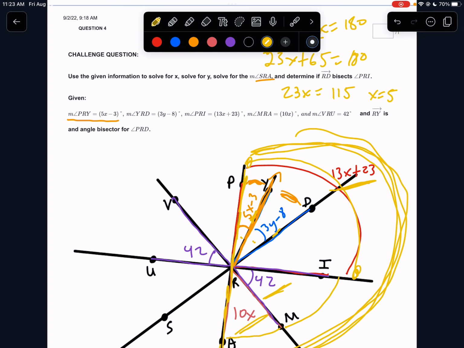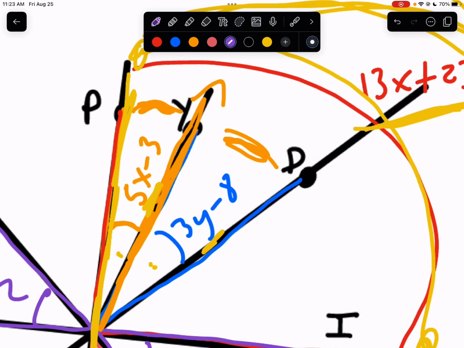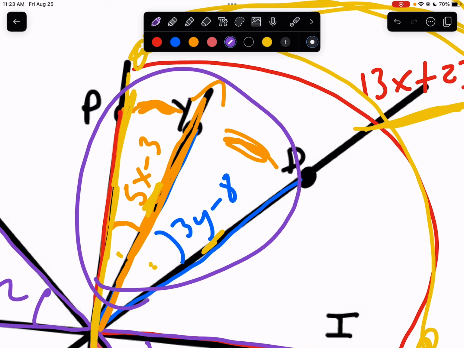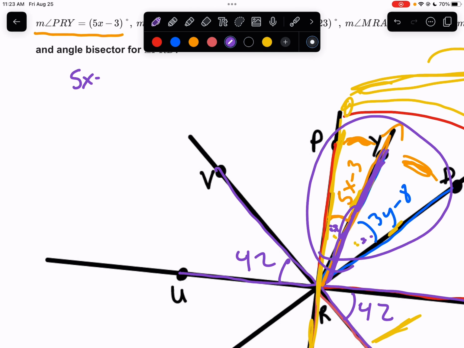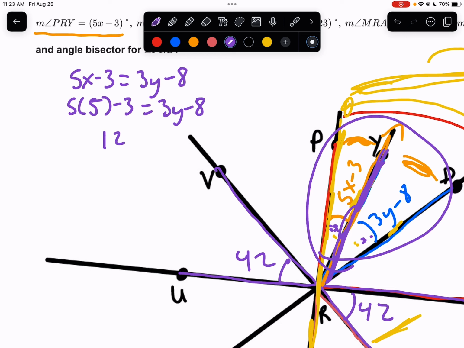Once I know x, now I can go here and use the fact that these two angles are equal. If this is an angle bisector, then these two are equal halves. So I know that 5x minus 3 equals 3y minus 8. But we just said x equals 5. So 5 times 5 minus 3 equals 3y minus 8. So 15 minus 3, I know 12 equals 3y minus 8.